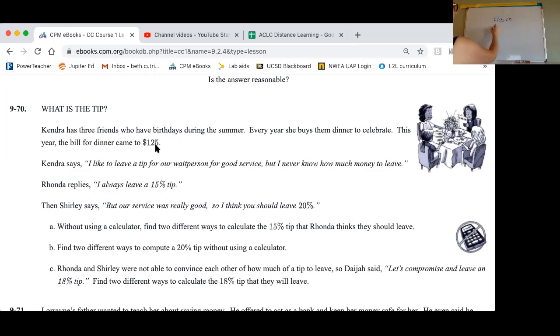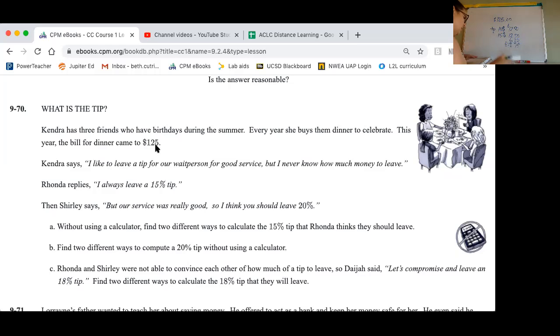The tip at 10% is $12.50, and 15% is 10 plus 5. So we have $12.50 plus $6.25. So we get $18.75 for a 15% tip.